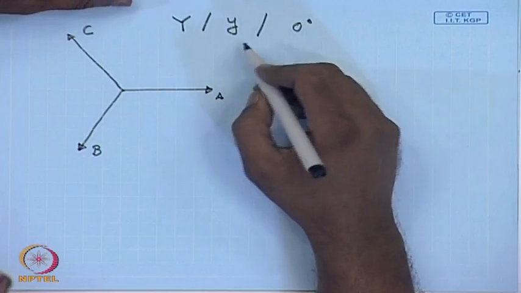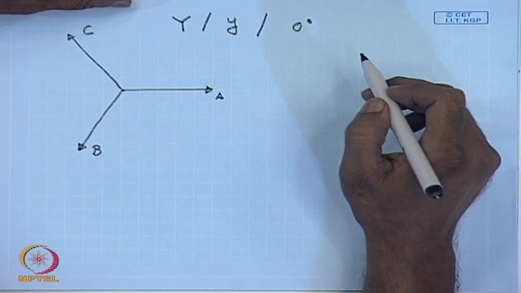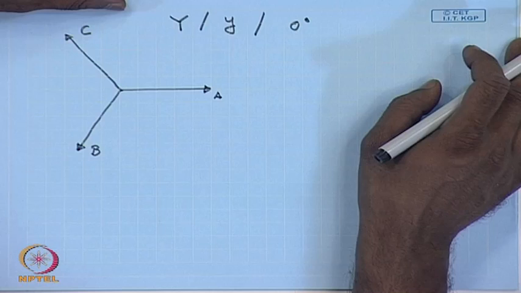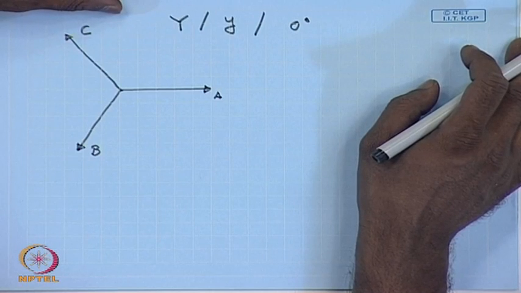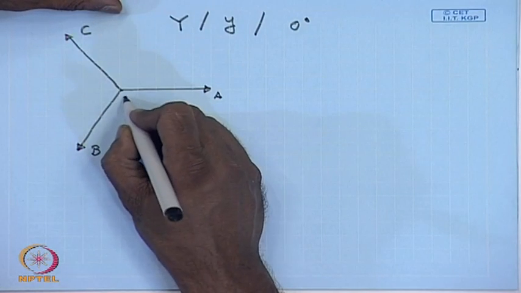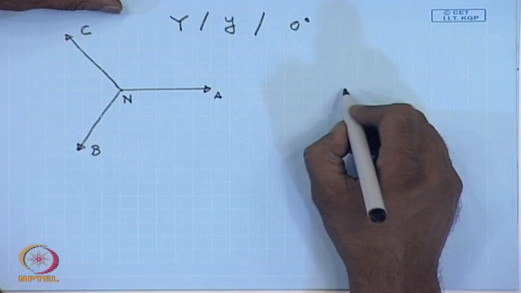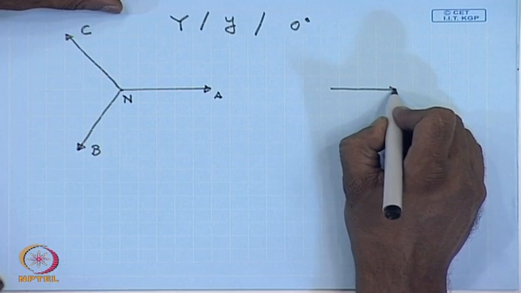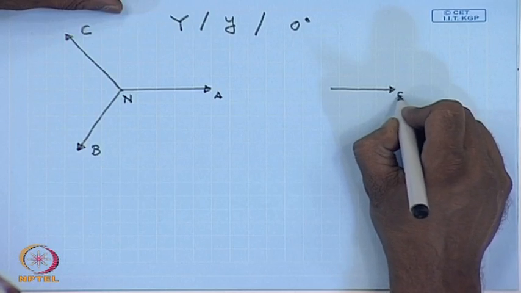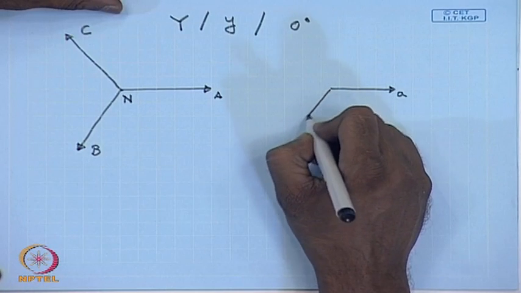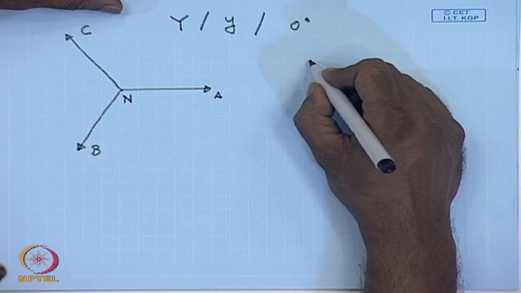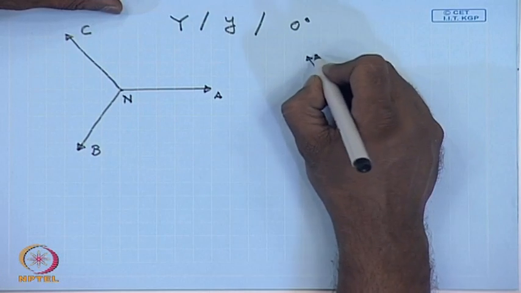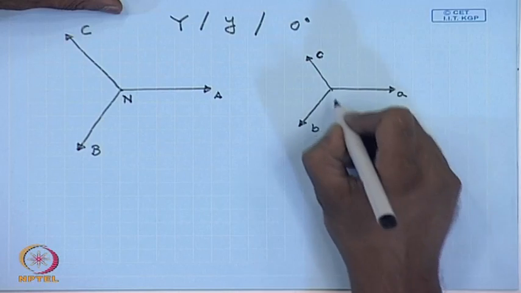The phase group says that the line to neutral voltage of the low voltage side will be co-phasor to the line to neutral voltage of the high voltage side. Therefore, if this is the neutral, then on the low voltage side this will be phase A, this will be phase B, this will be phase C, and this will be the neutral.